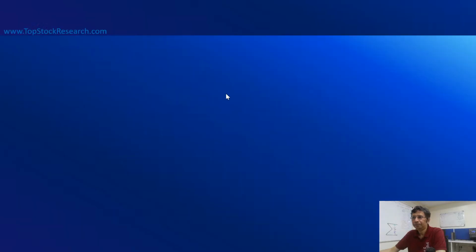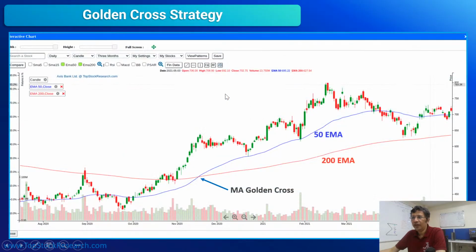We'll see what those are. If you're looking at the long term, for a golden cross it is the 50 moving average crossing above the 200 moving average. This is the point where the entry comes in, especially when you're looking at a very long term period. This is the place where you should be entering.